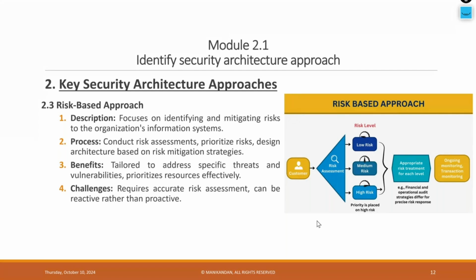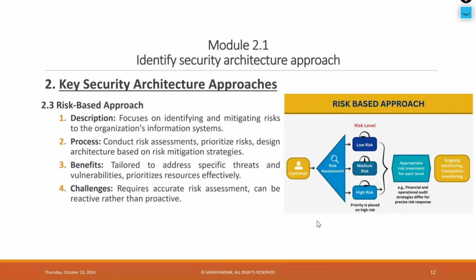Our security architecture, or you can say our security plan, is only focused on the specific threats and vulnerabilities which are topmost in our organization. We require accurate risk assessment, which can be reactive or proactive.